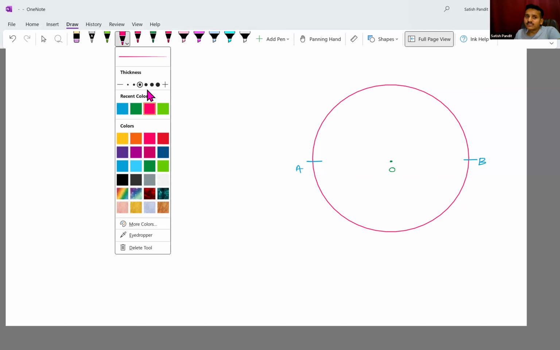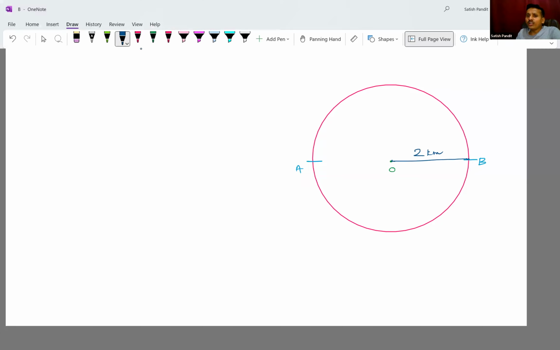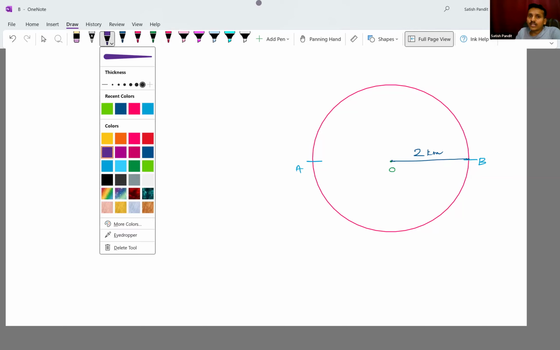Let the radius of the circular ground be 10 or maybe 2 kilometers. Okay, I'll take it as 2 kilometers. Can you all tell me? Just try, then I'll definitely solve it. But I want you all to try out.